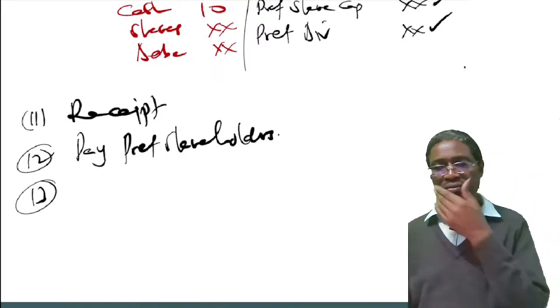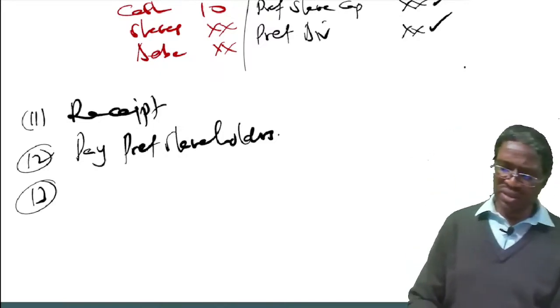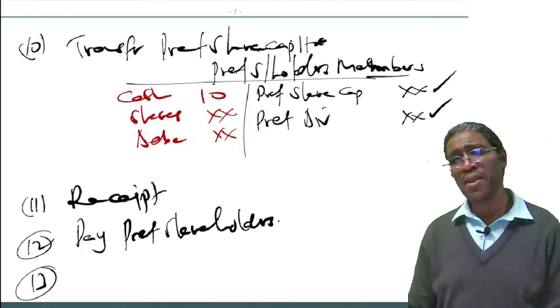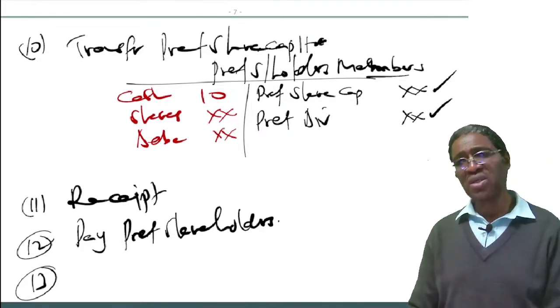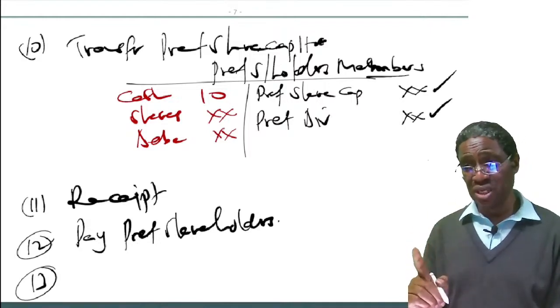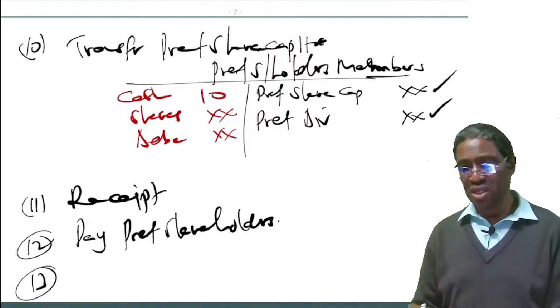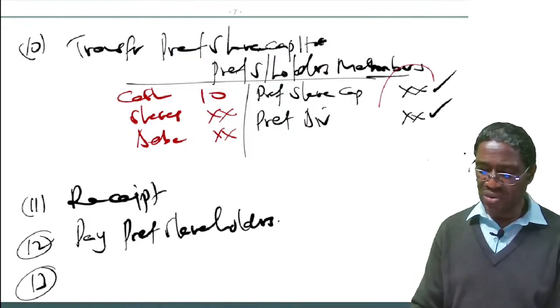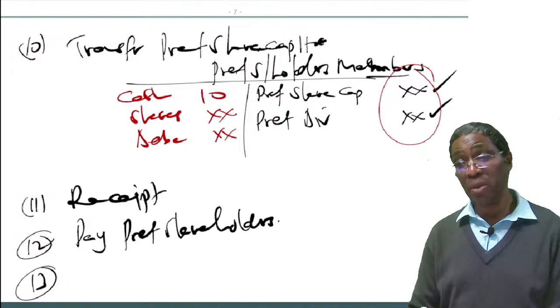Now listen. Still under number 13, I'm still in this account called preference shareholders members. Now, once you pay them, normally there will be a balance in this account. Look at this. On the credit side of this account, this is what you owe to the preference.